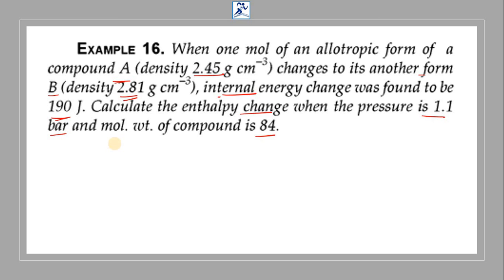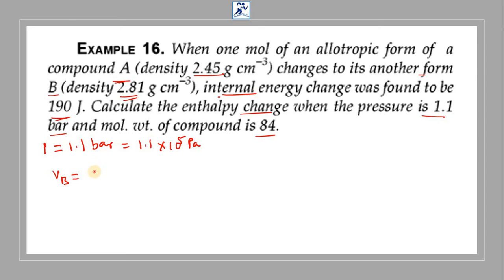First point we have to remember, what is the pressure they are given, that is 1.1 bar, that can be converted into pascals, that is 1.1 into 10 power 5 pascals. And what is the volume of the second one, the final one, that is VB, that is mass by density.